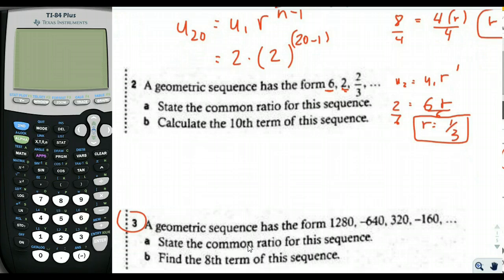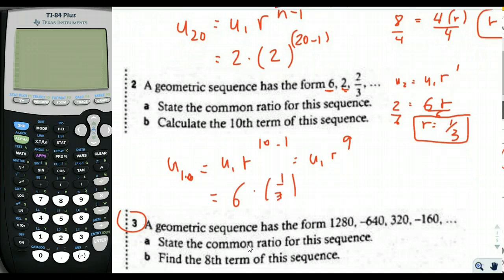Okay, calculate the 10th term of the sequence. Then we would say U10 equals U1 times R to the n minus 1. So that would be U1 times R to the 9th. U1 is 6, and R is 1/3 to the 9th. And you can do this in your calculator, especially if you have fraction mode on, and I'll show you how to get in there.